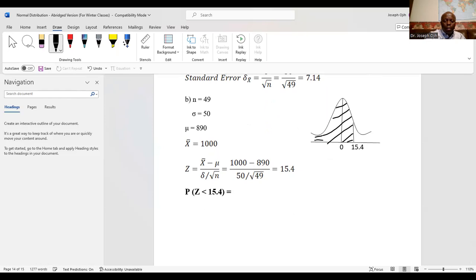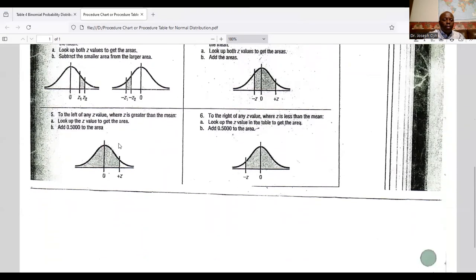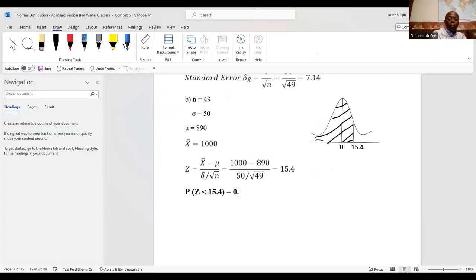Now, on the procedure chart, when it's in that form, this is the one that looks like this. It says look at the Z value to get the area, then add 0.5 to it. So we're going to add, not subtract: 0.5 plus. Now we look for this on the table.